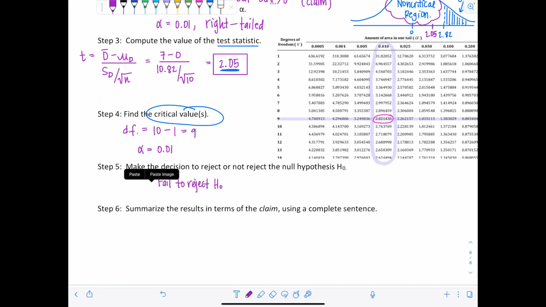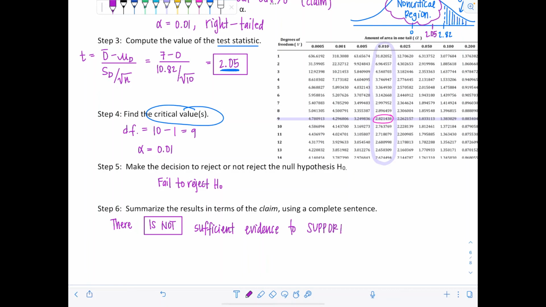Okay, and then summarize the results in terms of the claim using a complete sentence. So there is not sufficient evidence to, I'm going to use the word support because the claim was in the alternative hypothesis.